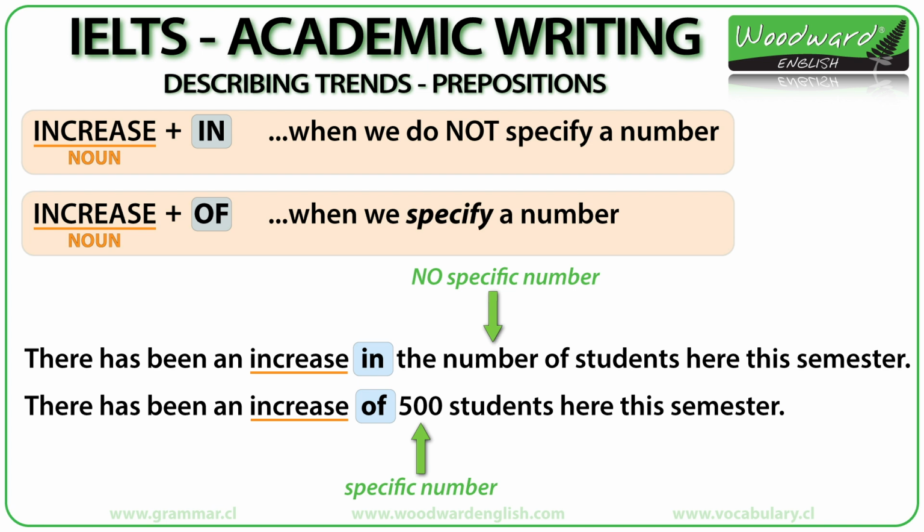So, we have seen which prepositions to use after increase and decrease when they are nouns. But what do we use when they are verbs? When increase and decrease are verbs, they normally have the following prepositions after them.